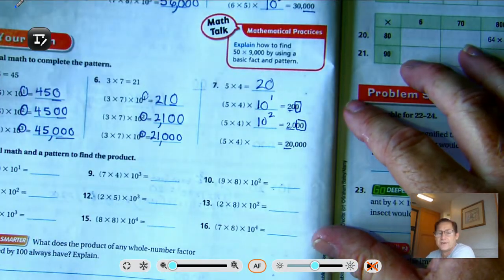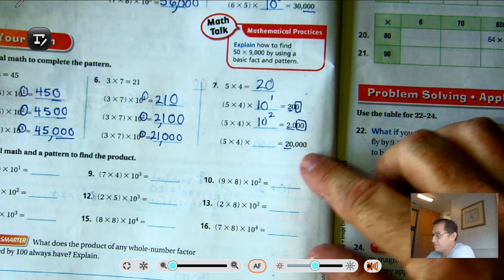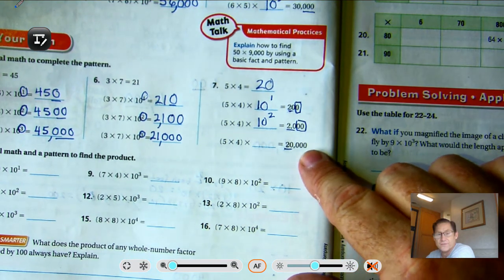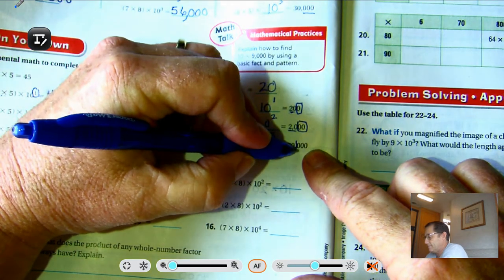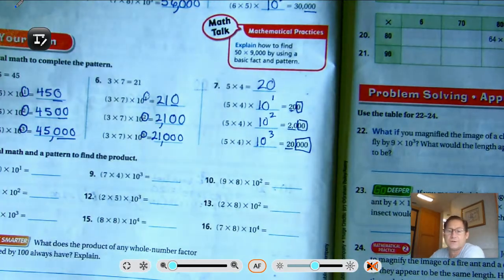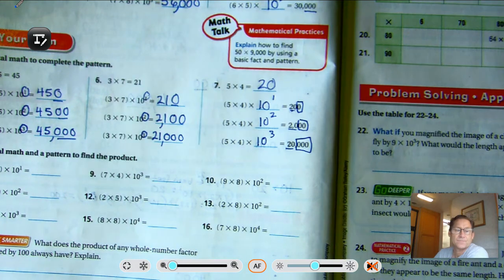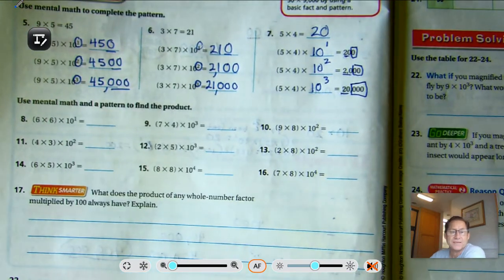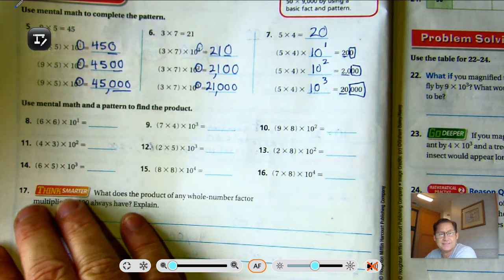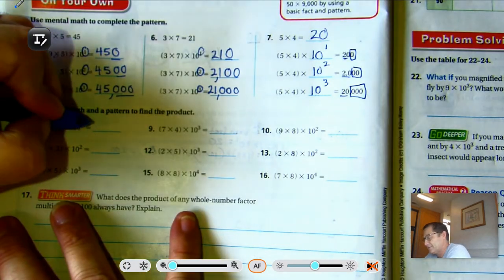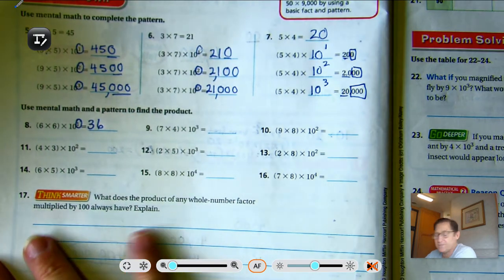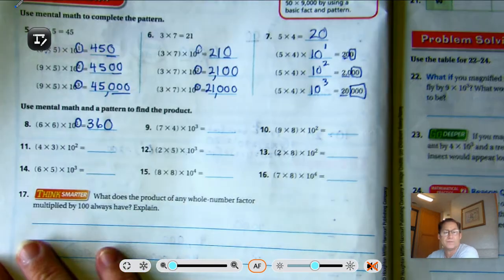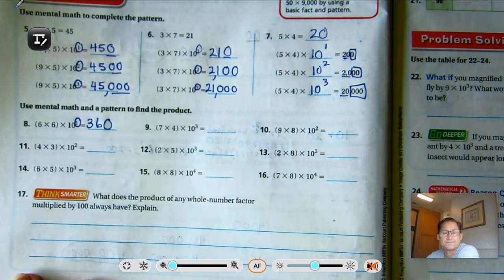So times the second power of 10. 5 times 4 is 20, followed by 3 zeros. So that will be 10 to the third power. Okay, so use mental math and a pattern to help find the product. 6 times 6, 36. And it's times the first power of 10. So there's going to be 1 zero after the whole number.